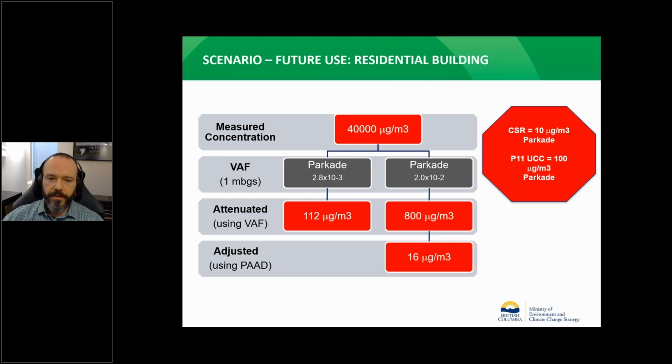However, this concentration is measured at 4 meters below ground surface, which is 1 meter below the building, and there are no precluding conditions for applying a VAF or PAD, so we can calculate predicted breathing zone air concentration using an appropriate VAF and the PAD. To do so, we need to choose an appropriate VAF from Table 1 of Protocol 22.